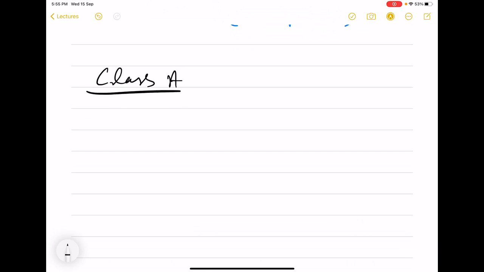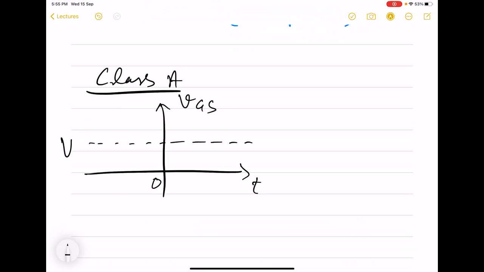So for class A, what is going to be the waveform? We have already seen this. So this is my DC gate to source, and DC gate to source has to be greater than the amplitude of the input, so that the net voltage is always positive.